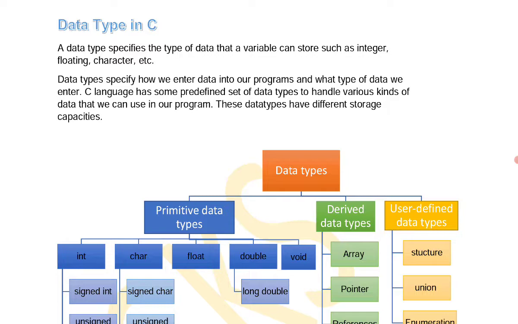Next, C language has a predefined set of data types to handle various kinds of data that we can use in our program. Generally C language has some predefined, meaning already available, data types that we can directly use in our programs.